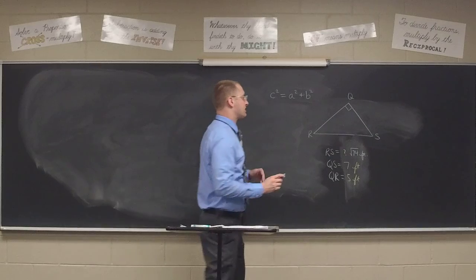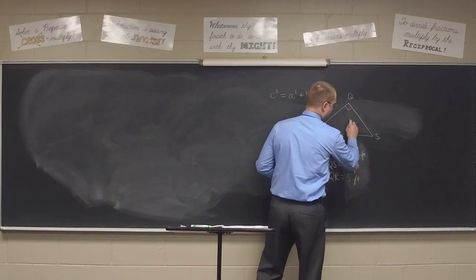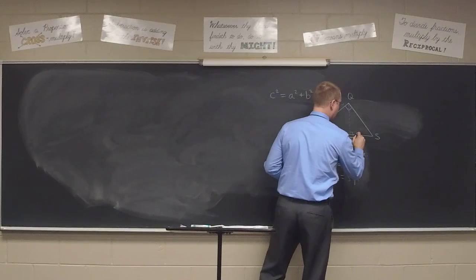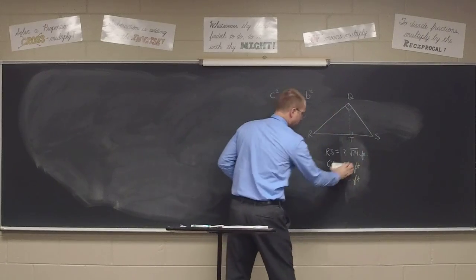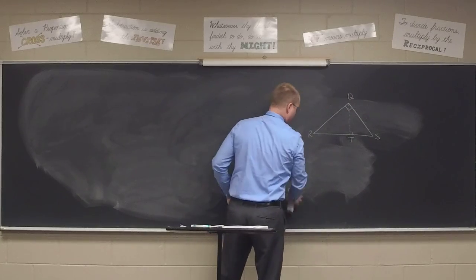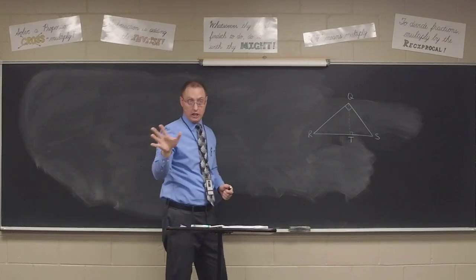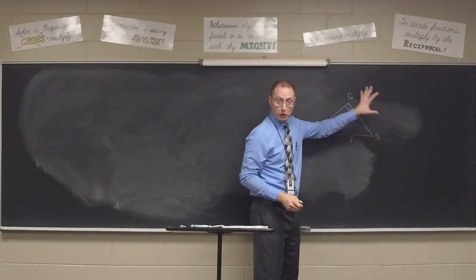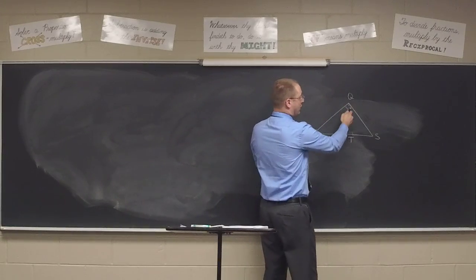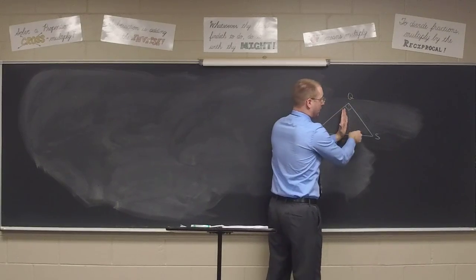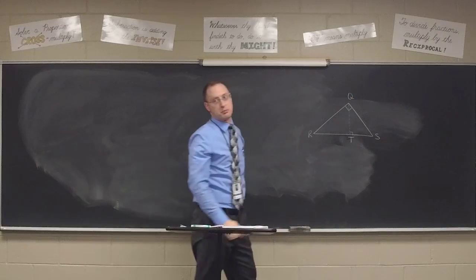Now, if we took the same picture, but we now drew an altitude down here, let's call it QT. Now, all of a sudden, we could still use Pythagorean theorem here, couldn't we, class? In fact, we could use Pythagorean theorem just as we were, leg, hypotenuse, leg, hypotenuse, or we could use some proportions.